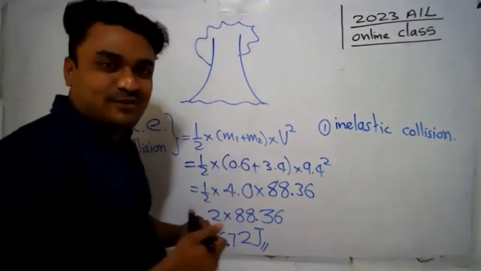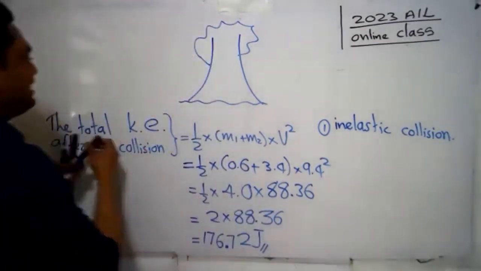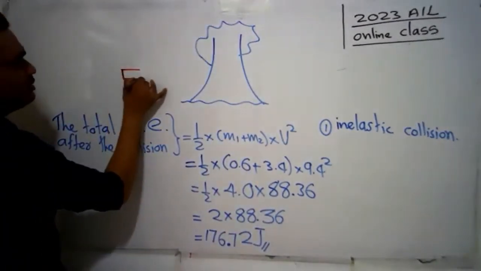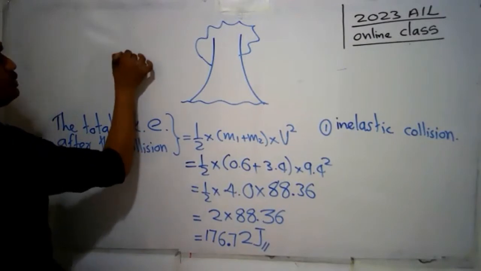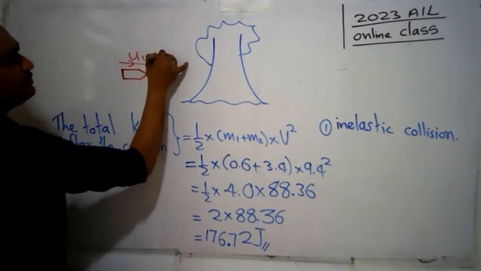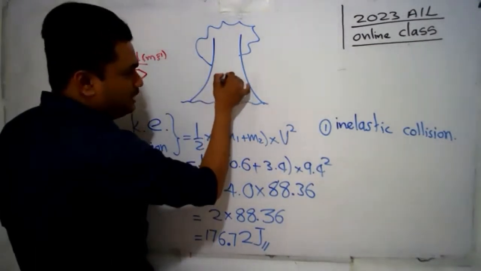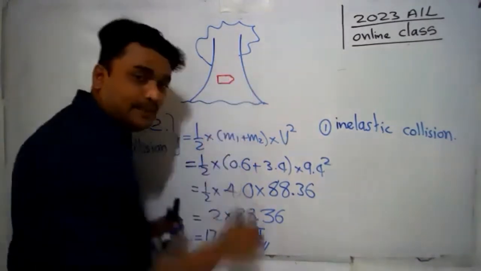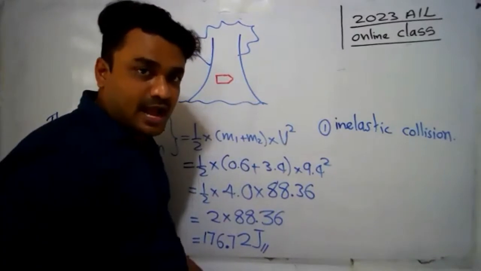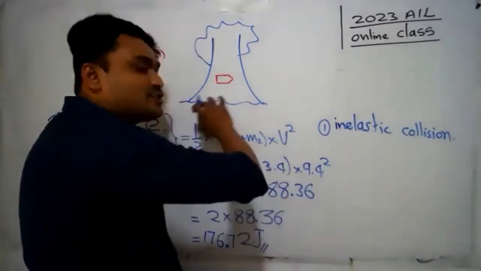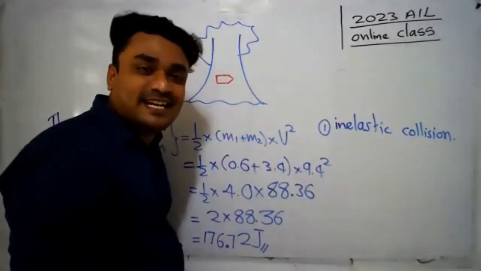Like this. I have drawn a very beautiful tree. Let's say a bullet is fired towards this tree with a velocity of u meter per second. Then the bullet collides with the tree, gets embedded in the tree, and the bullet and the tree start to move as a single object in the sky.